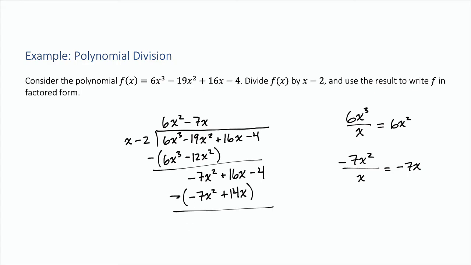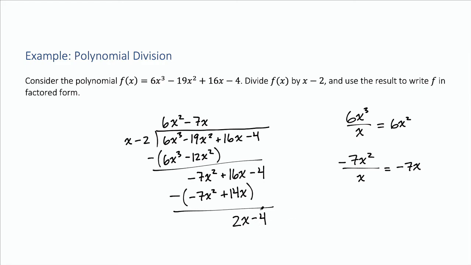Negative 7x squared minus a negative 7x squared is 0. That should always happen when you're doing this process. The first term here should cancel when you subtract. 16x minus 14x is 2x. And negative 4 minus nothing is negative 4.